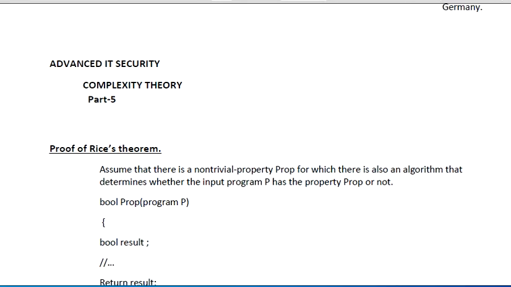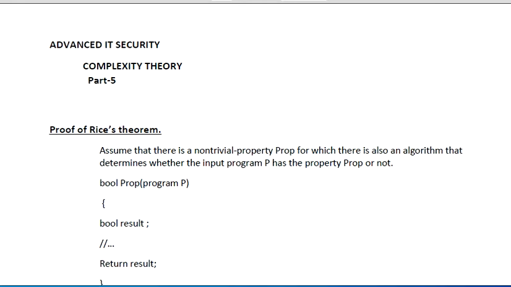Assume that there is a non-trivial property PROP for which there is an algorithm that determines whether the input program P has the property or not. So here the Boolean algorithm PROP will decide whether program P has the non-trivial property or not.